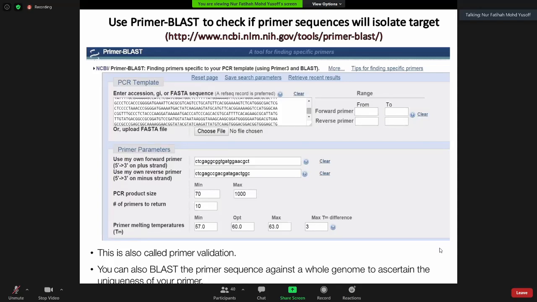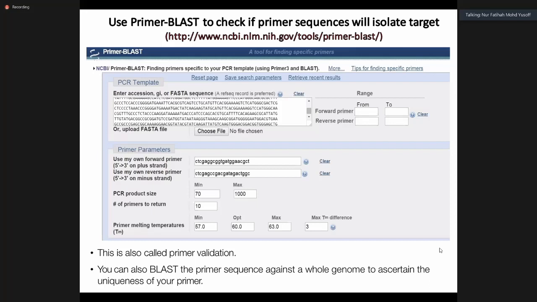So you need to check whether your primer is specific to the gene that you aim for. Similarly for the mRNA. You can check and choose the database related to your template. You have learned about the databases, right? So the transcript, the mRNA and the gene RefSeq, for example. You can choose from that.